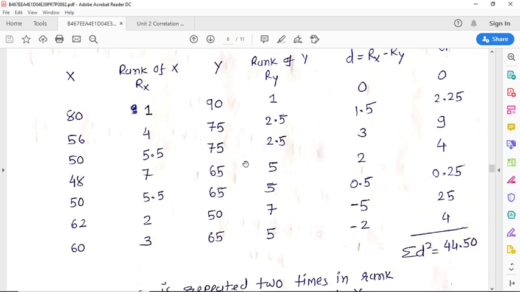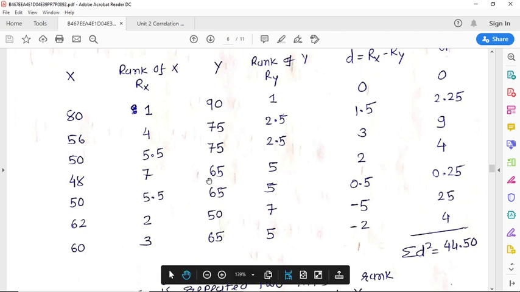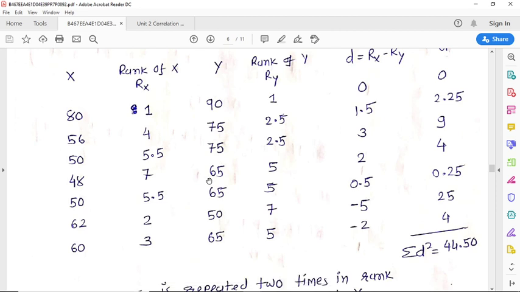And now next is 65, that is in place of 4th plus 5th plus 6th. Okay, because that is the first rank, that is the second rank, it is the third rank, so that will be assigned 4th rank, 5th rank and 6th rank. So take the addition, 4 plus 5, that will be 9, plus 6, that is 15, and we get 15 by 3, because 65 is repeated 3 times, so 15 by 3 will be 5.